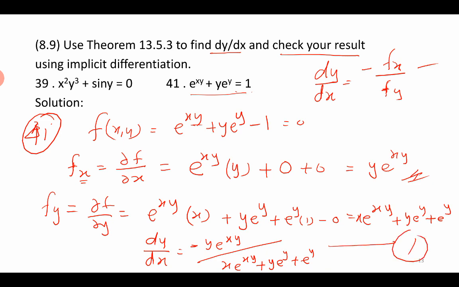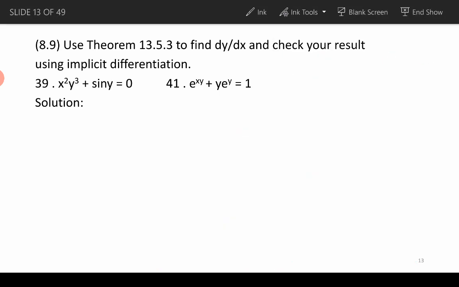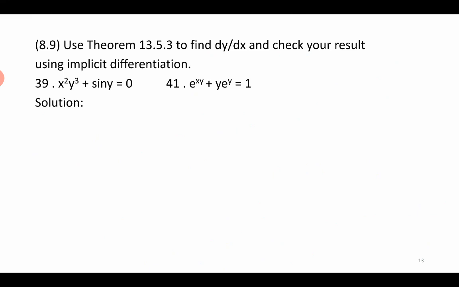We can verify this one by direct implicit differentiation. What is implicit differentiation? Differentiate 41 implicitly. So you differentiate e power xy implicitly, isn't it? The derivative of e power xy is e power xy, and then open a bracket, differentiate this power xy by using product rule.